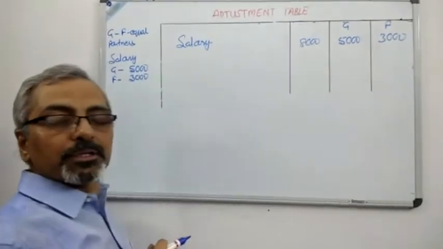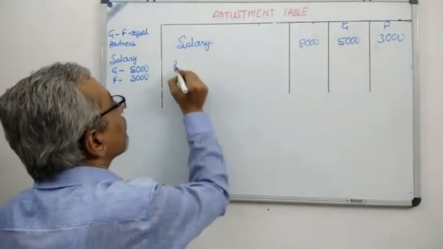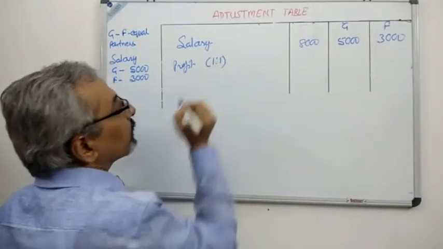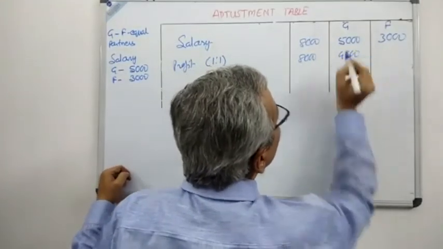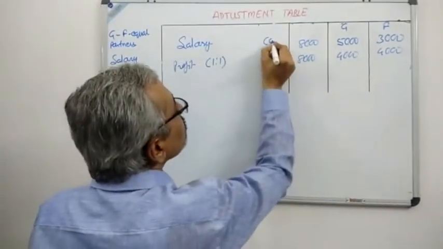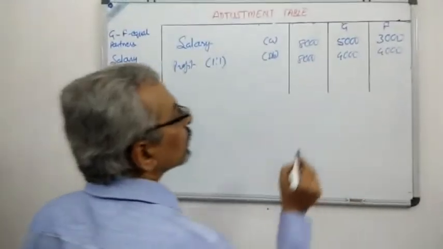Now if that had been distributed, the profit would have come down, and the profit should be distributed equally in 1:1 ratio. So 8,000, it would be 4,000 to the first partner and 4,000 to the second partner. As we know, this is a credit item and this is a debit item. See very carefully over here.